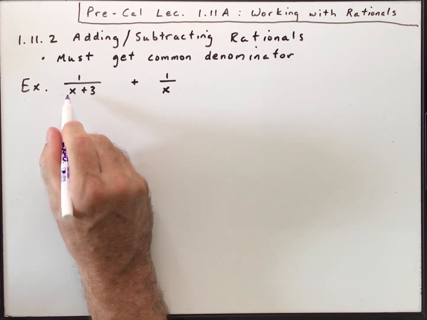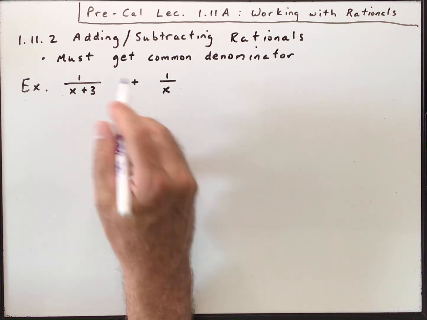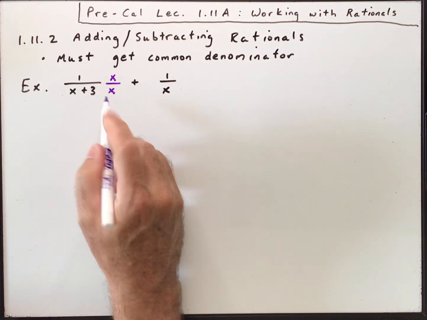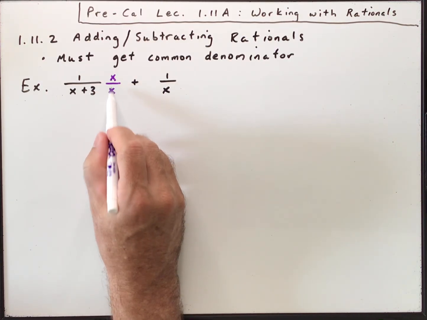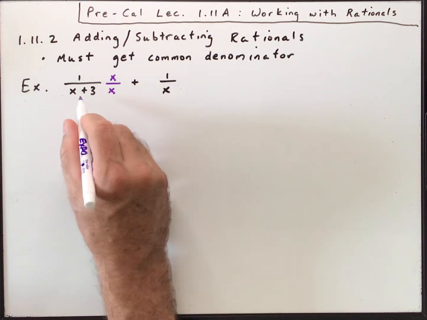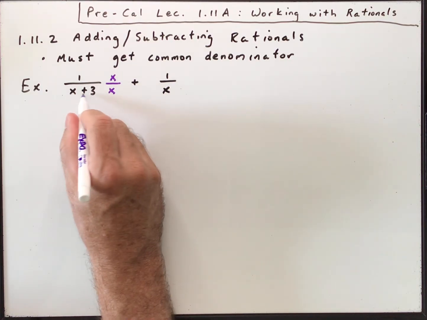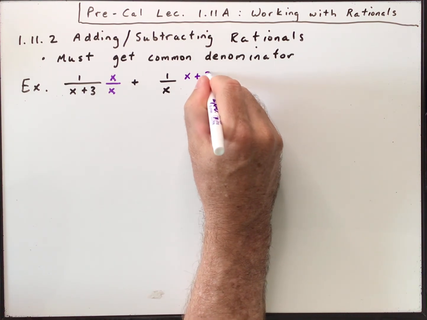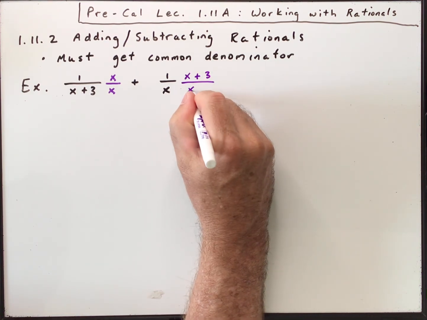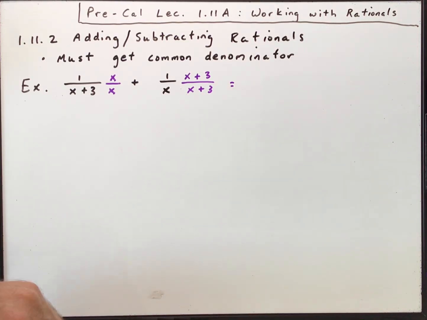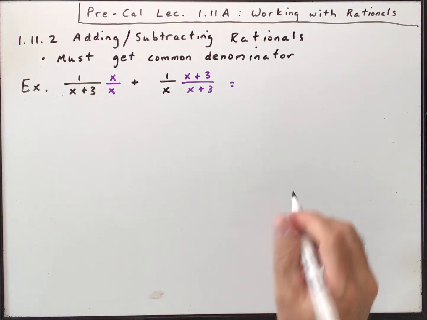So this denominator is missing an x, but we have to multiply the top by that. We can only multiply these by a clever version of 1 because it's the same thing then, so x over x. This side needs an x plus 3. It has an x, it needs an x plus 3. So we're going to multiply by x plus 3 over x plus 3. So now we have a common denominator of x times x plus 3.